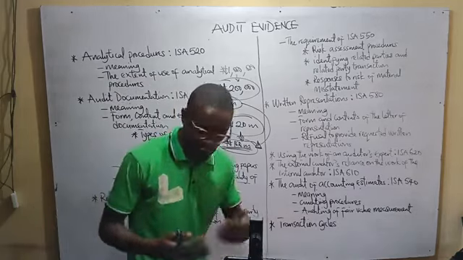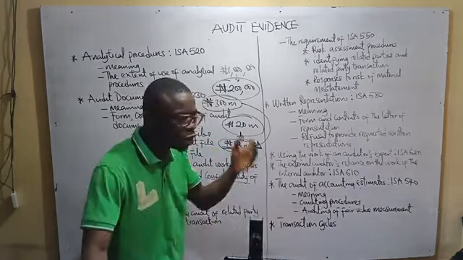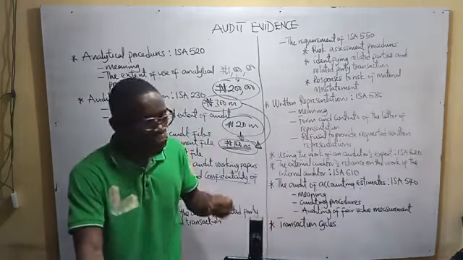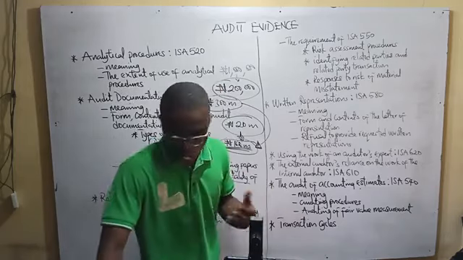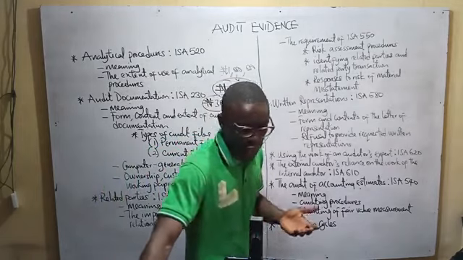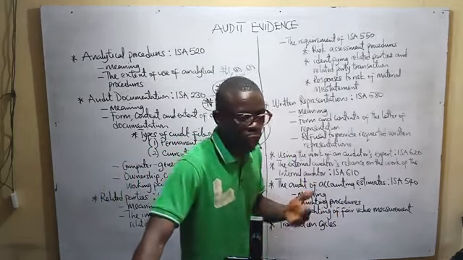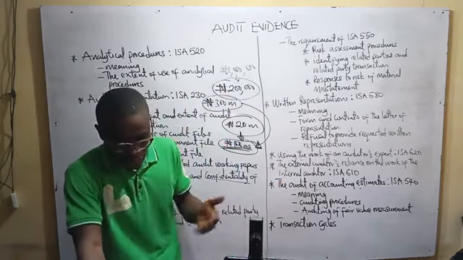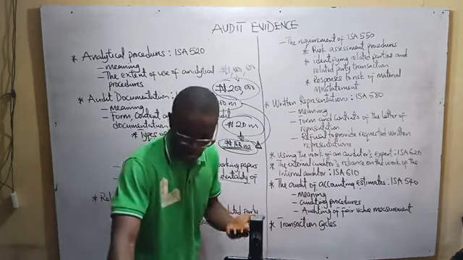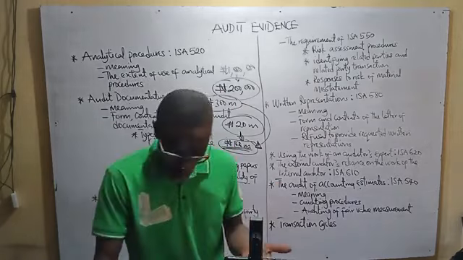Now, the auditor will also review the procedure that management has used to make that estimate, whether it's correct or not. Did they use an expert for it? Did they use an underlying assumption? These are what the auditor will look at.